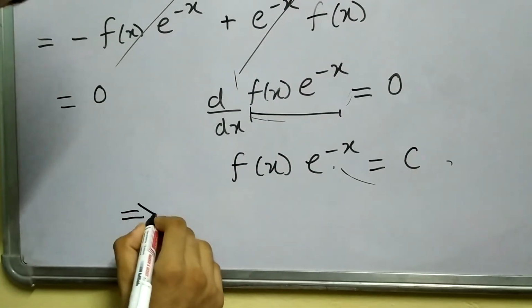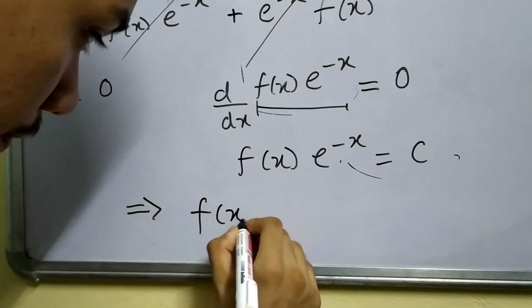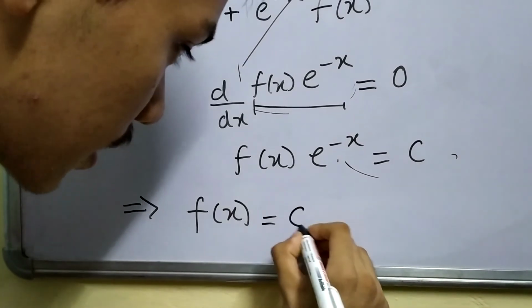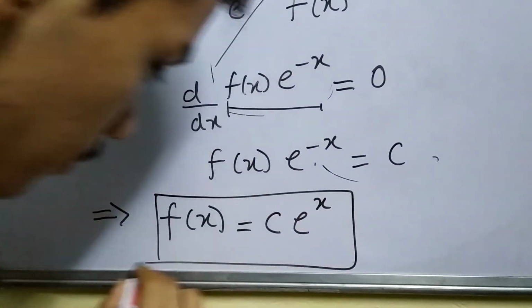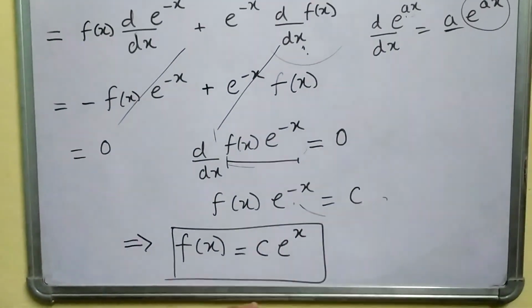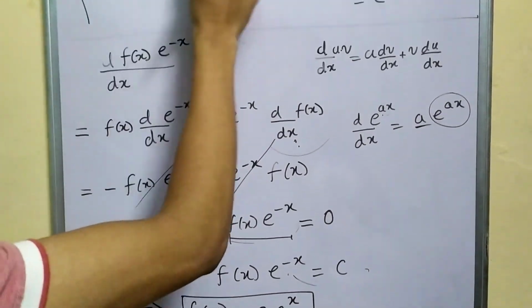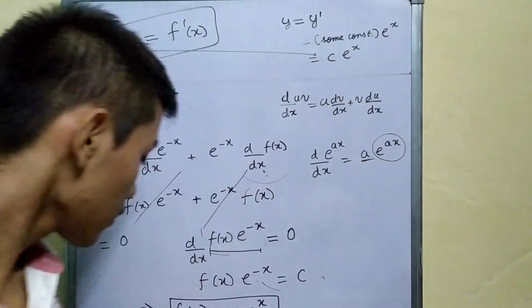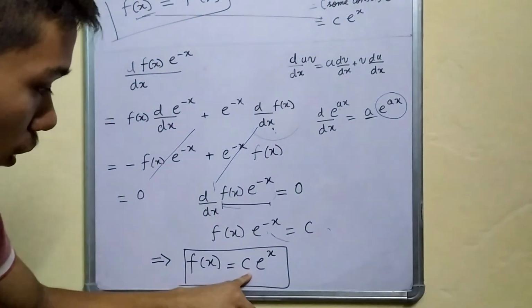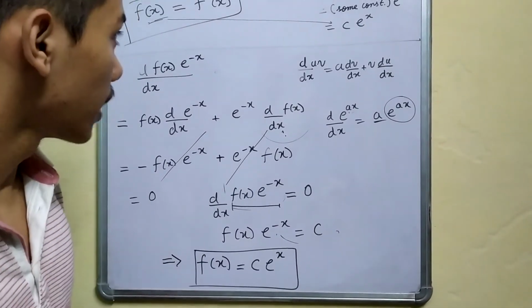So from this we get that f of x is equal to c times e to the power x. That is what we have shown, that if your function satisfies this condition, that the derivative is equal to the function, it has to be of this form, constant times e to the power x.